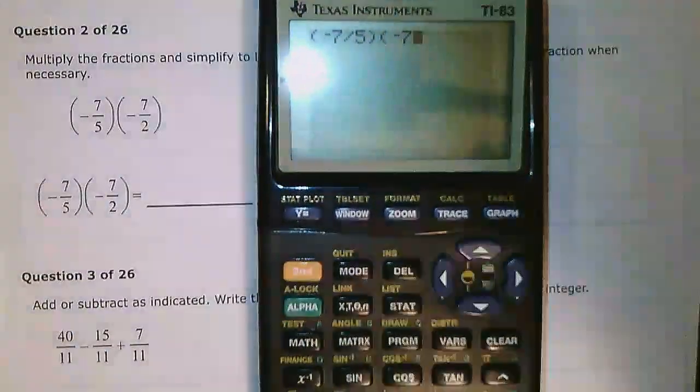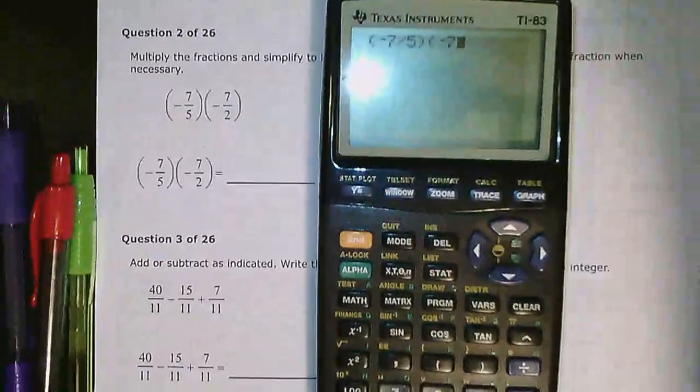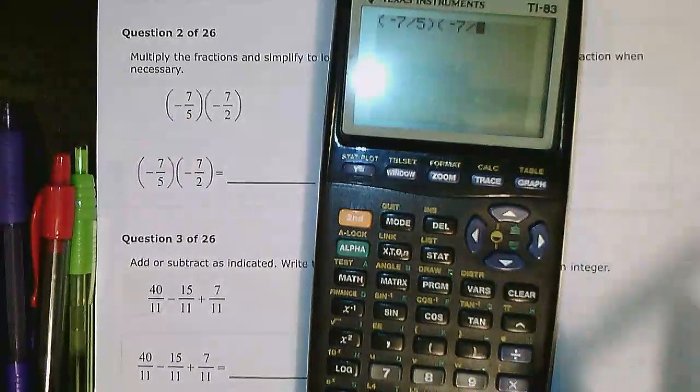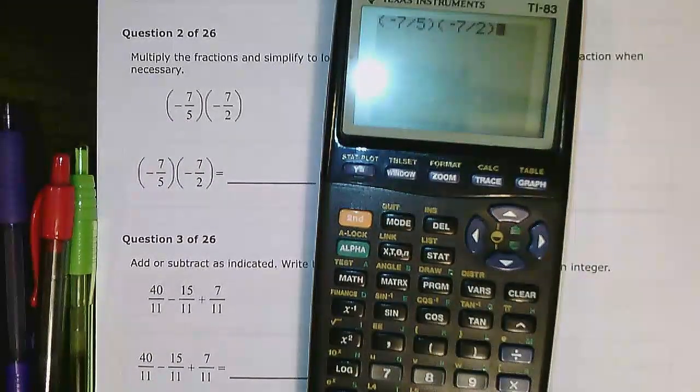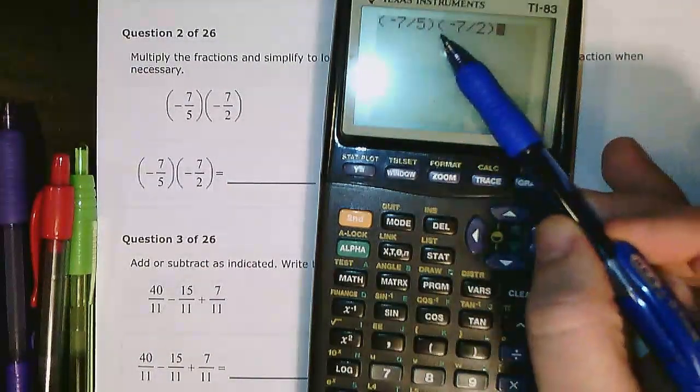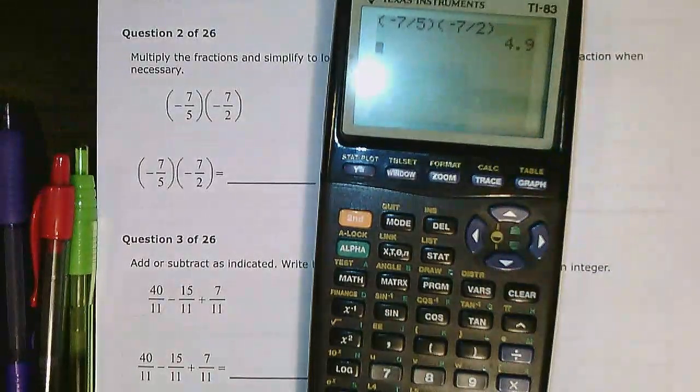And so, again, if you're not sure, we're just using the division symbol. So negative 7/5 times negative 7/2. Anytime I open a parenthesis, I need to close it. And we get 4.9.